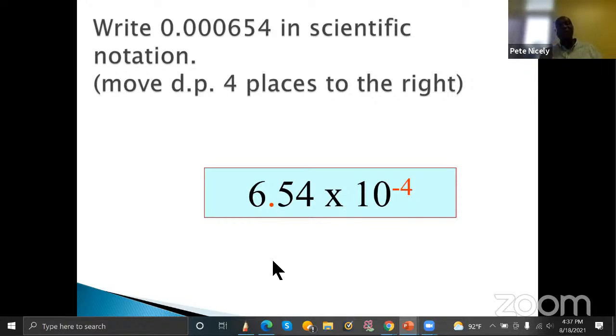If the number is smaller, such as in this case, you have to move the decimal point to the right until you get it right next to the first non-zero digit. In the case of the former, the exponent will be positive, but in the case of the latter, the exponent is going to be negative. So that's basically how that is done.